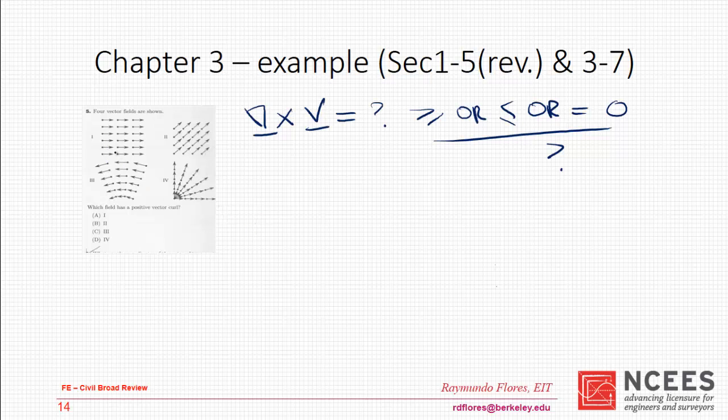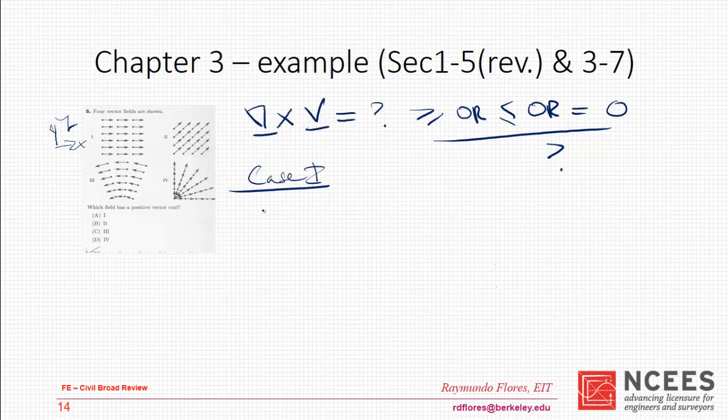So in the first case, remember the definition has to do with partials, right? If we go to case I, the vector, each one is constant. Each vector field looks like it's constant when it comes to x and y, because they all have the same length at each given point.